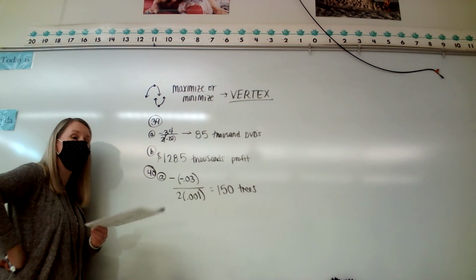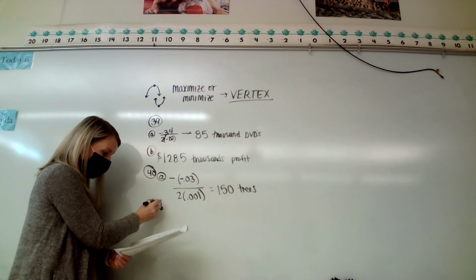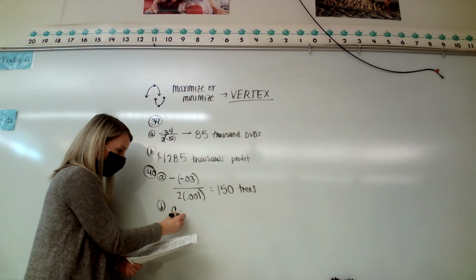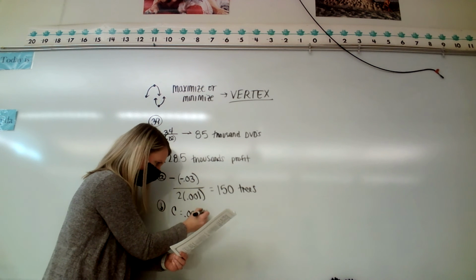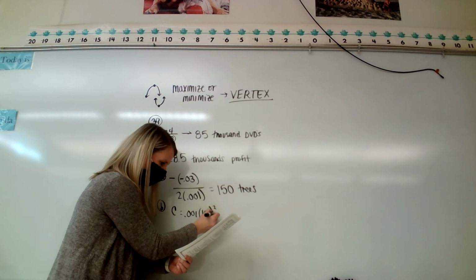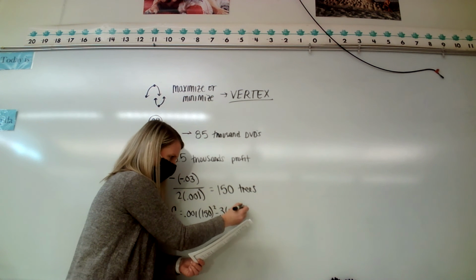What will the minimum cost be? We just take that and throw it back into the equation. So for B, the minimum cost is 0.001, this is a long equation, squared minus 0.3 times 150 plus 50.